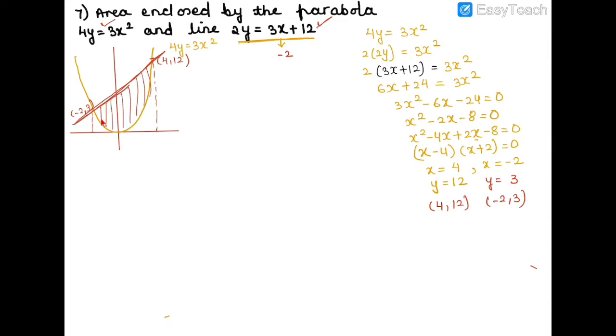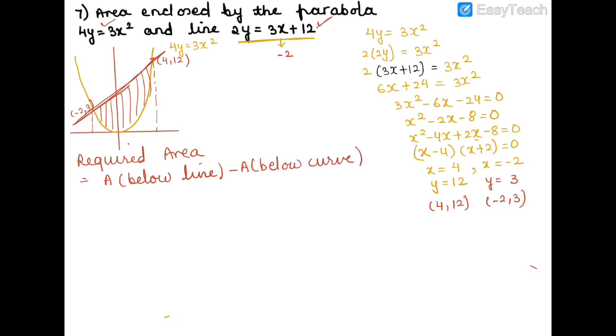So that is area below the line minus area below the curve. ये निकाल देना है. And required area is equal to area below the line minus area below the curve.